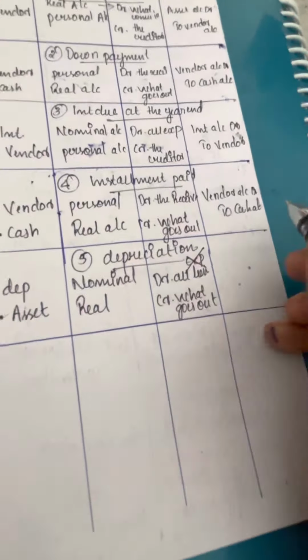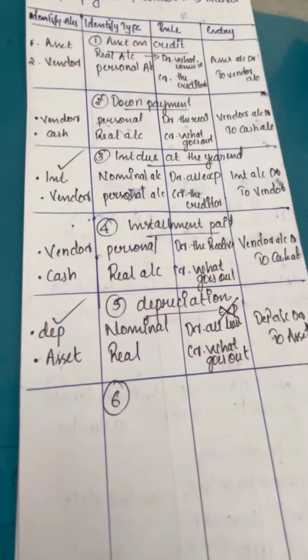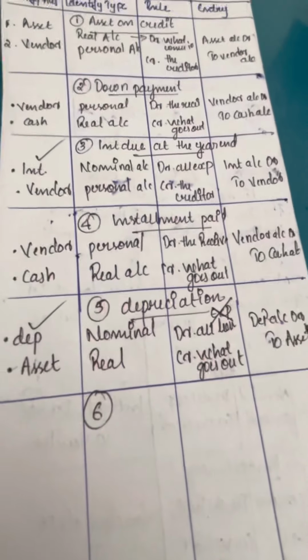And the last entry: we already know there are two nominal accounts here, the first one is interest and the second one is depreciation. Before going to the balance sheet, we transfer these nominal accounts to the P&L account.